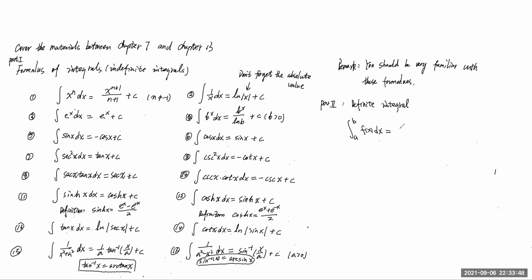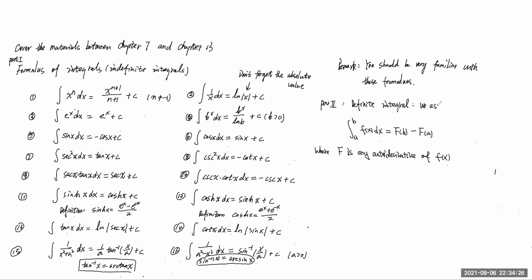Okay, the formula says this is F(b) minus F(a). So what's F? Here, F is any antiderivative of f(x).